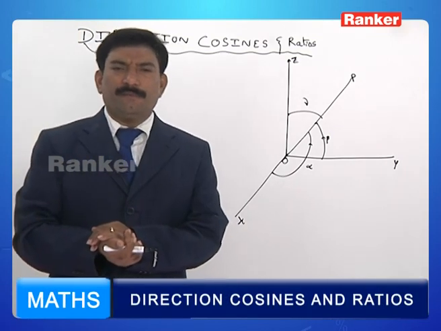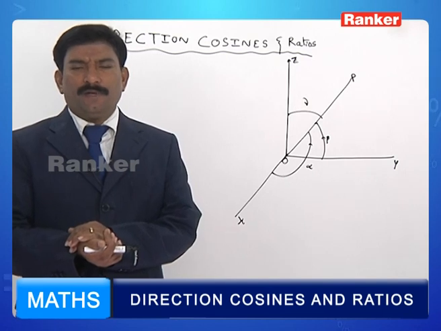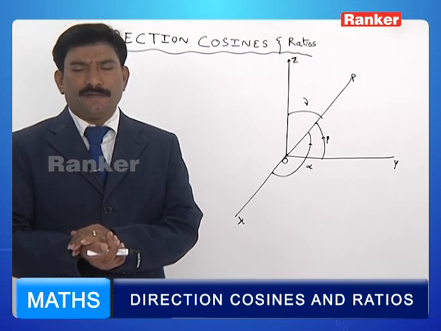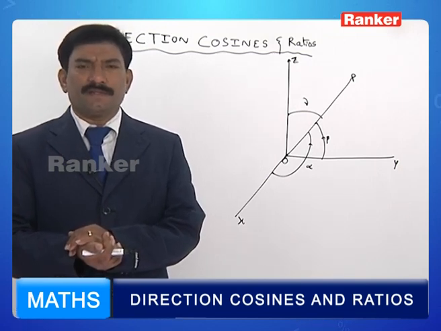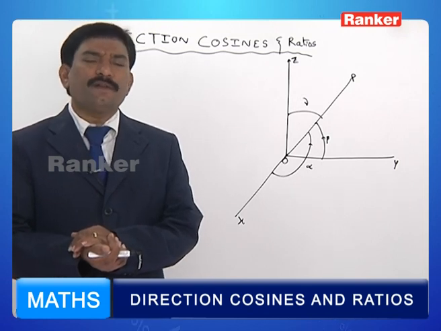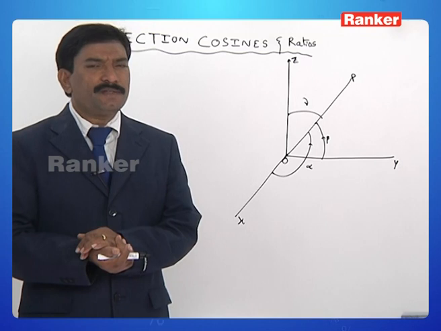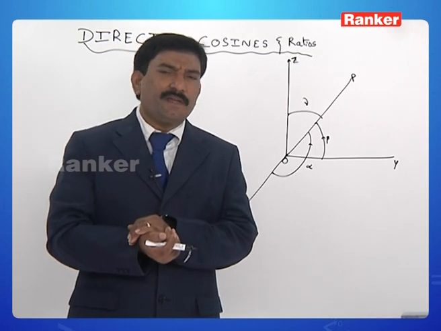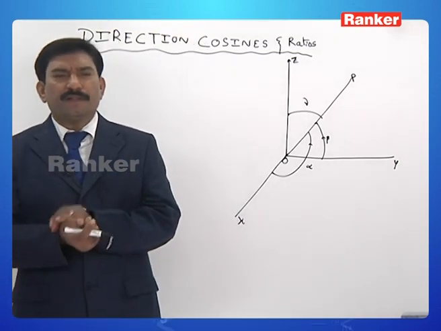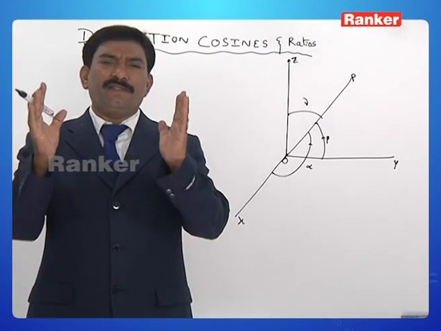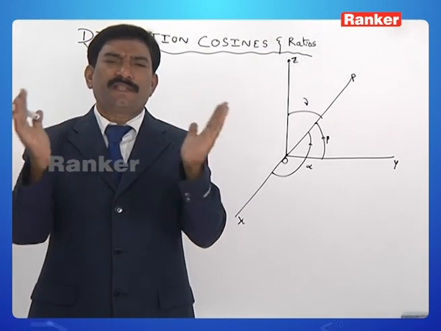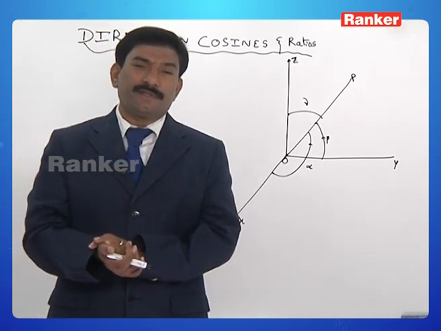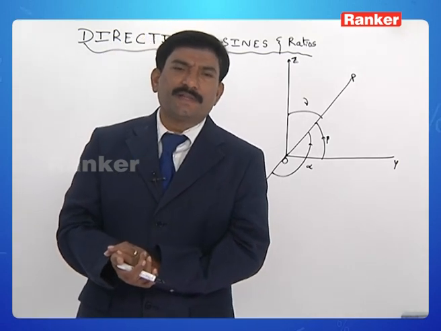If alpha, beta and gamma are the angles made by the line OP with the x-axis, the y-axis and the z-axis, then cos alpha, cos beta and cos gamma are known as the DCs of the line OP bar. Alpha, beta, gamma are the angles made by the line with the positive directions of the axes. If I measure those angles in terms of the cosine function, we call them direction cosines.